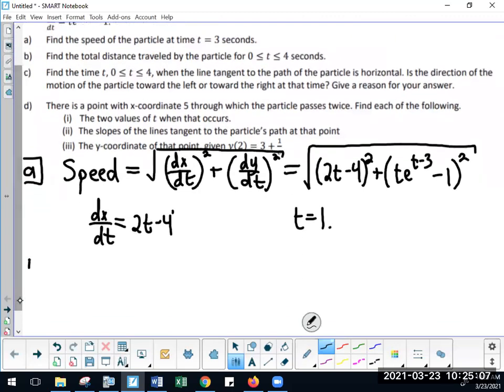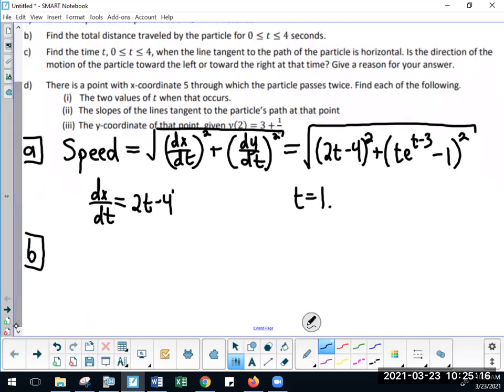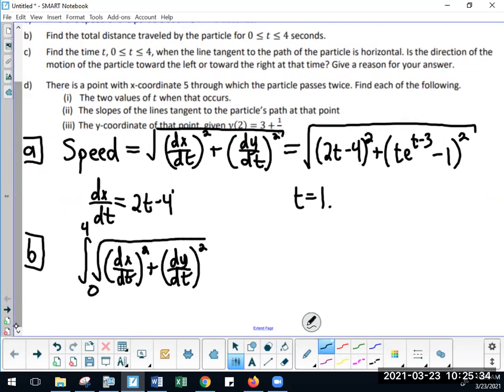Okay. Part B, I'm also not going to go in much depth on because I also did this yesterday, the only problem I did with you. I'm going to integrate from 0 to 4 the speed, because that's how you get total distance. Now I know you have an answer key, and I know the answer key has a correct answer on there.